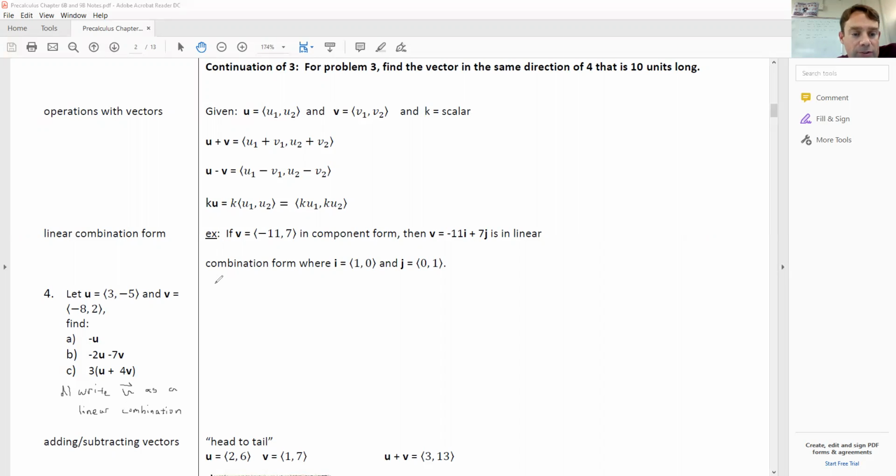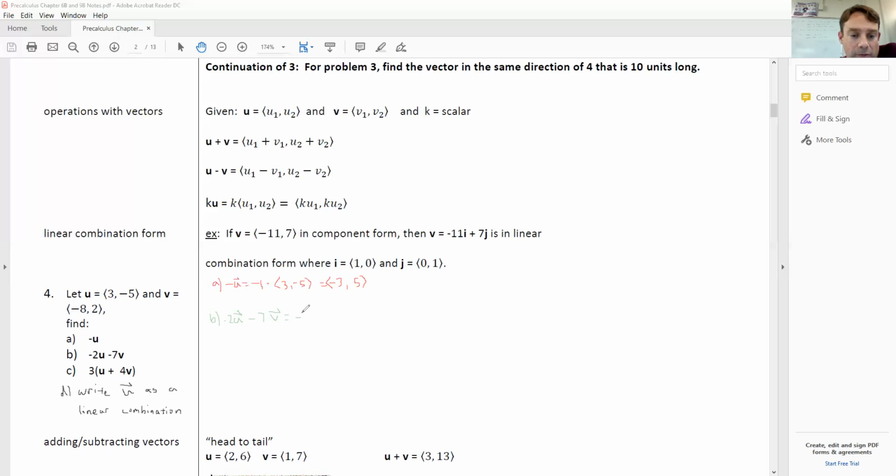All right, well, A I think isn't too bad. A just says negative u. So in other words, we're going to take negative 1 and multiply it by u. So we end up with negative 3 and 5. All right, why don't you guys try the next one? Negative 2u minus 7v. Go and pause that one, see what you come up with.